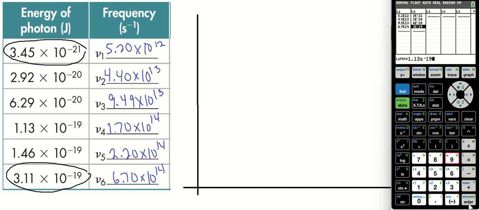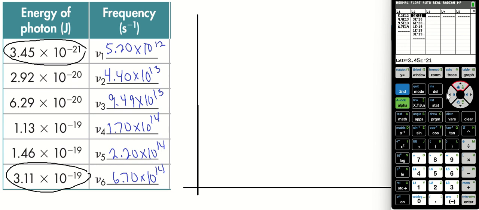I skipped that. All right, I want to put all of them in. I'm going down here to the 1.46. I'm putting them all in. Times 10 to the negative 19, and then 3.11 times 10 to the negative 19. Alright, there's all my y's.